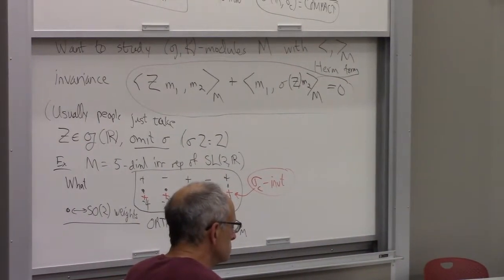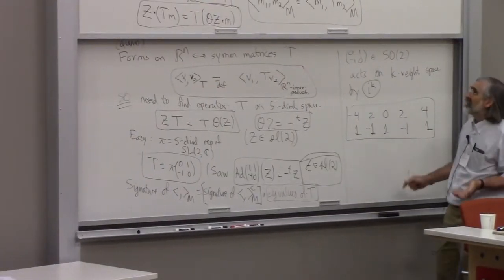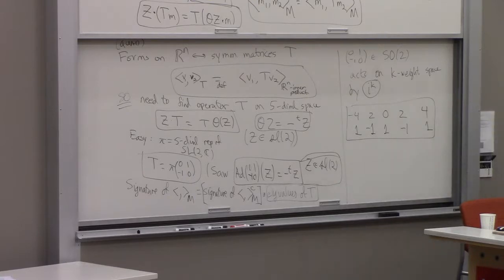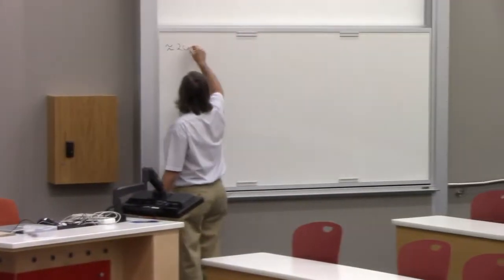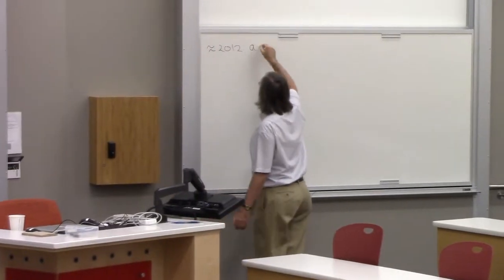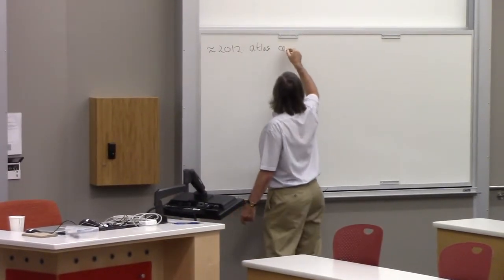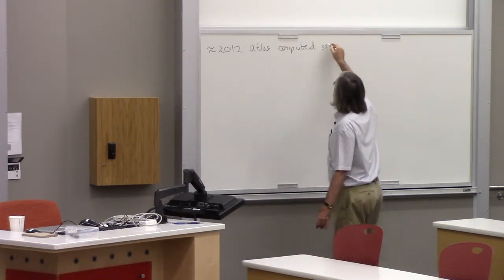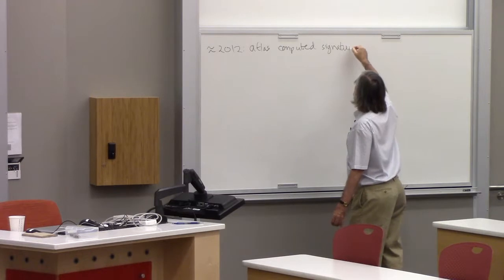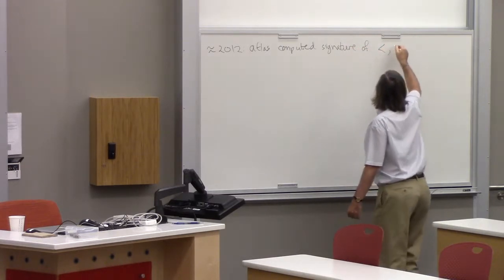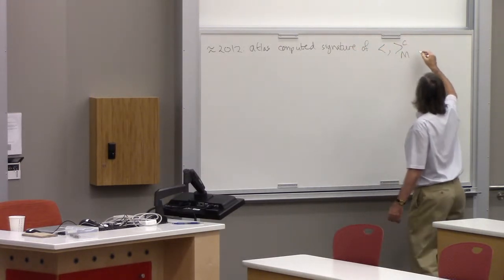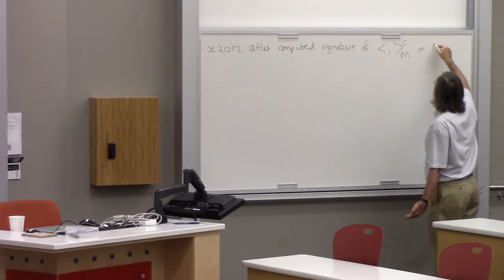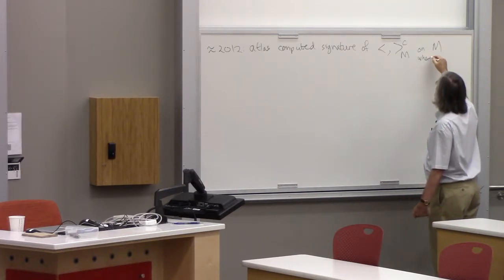This is not rocket science, and I'll tell you historically. So around 2012, the Atlas software knew how to compute the signatures of these C invariant forms on the M where they exist.